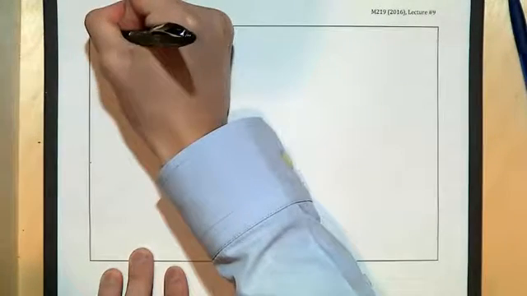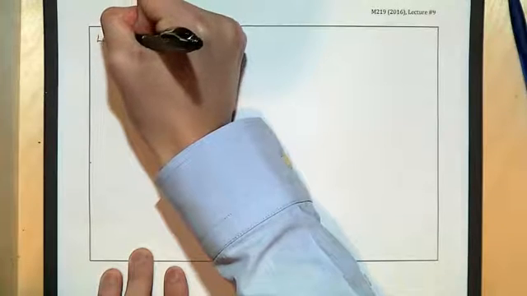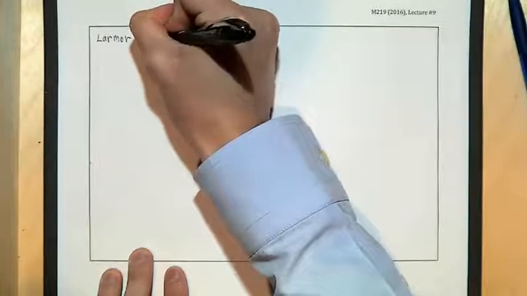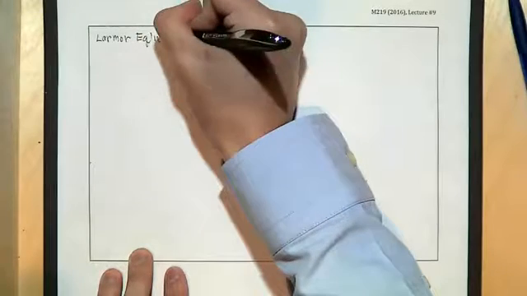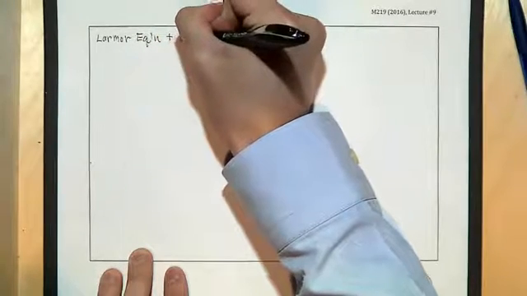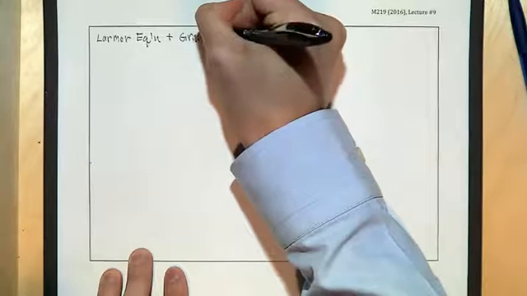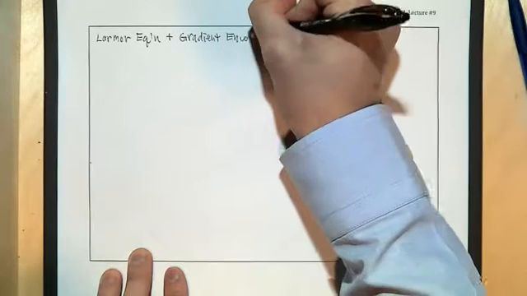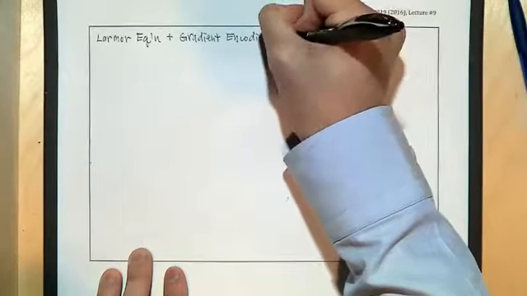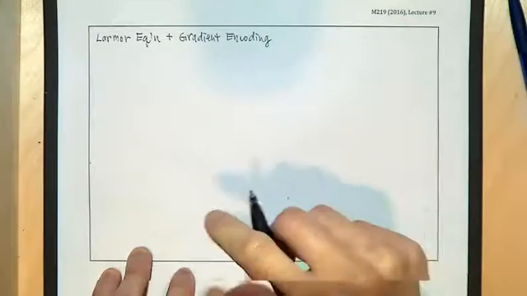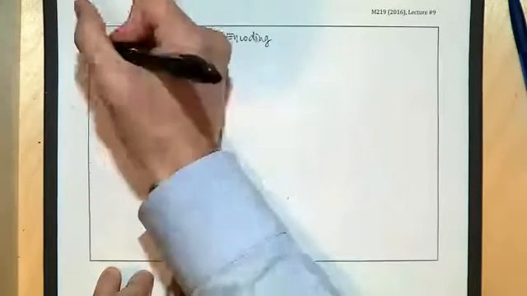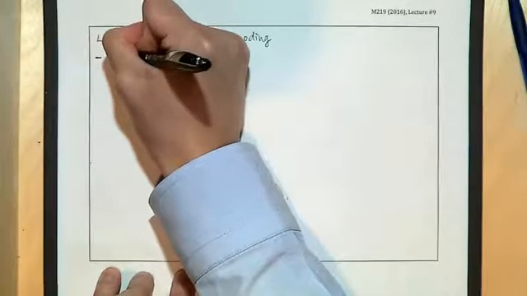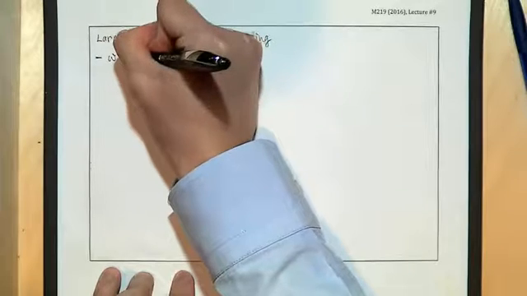So let's look at the Larmor equation and how it can incorporate gradient encoding. Okay. And the Larmor equation, as you remember, is like this.